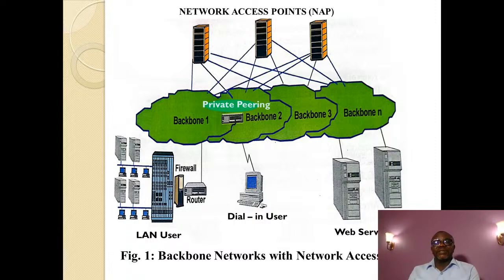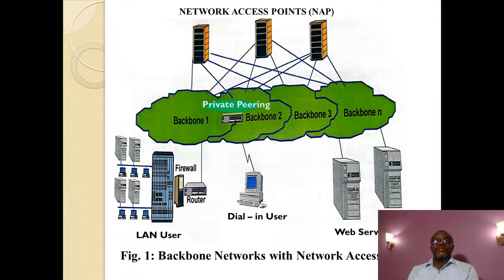Now, what happens is if the person in backbone 1 is looking for something on the internet, that thing he's looking for may be found in his backbone, which is backbone 1, or in backbone 2. If what he's looking for is not in backbone 1, but in backbone 2, then he has to go through the network access point.